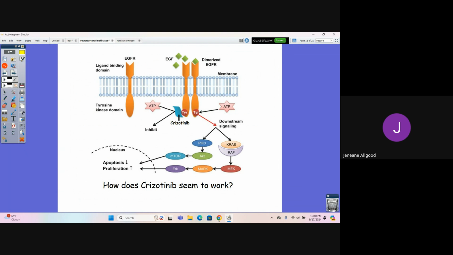It says down here, how does crizotinib seem to work? And I drew you a little picture of where it affects this pathway. So you know enough now to be able to answer that question. What does crizotinib do? It's blocking something. What's it blocking?